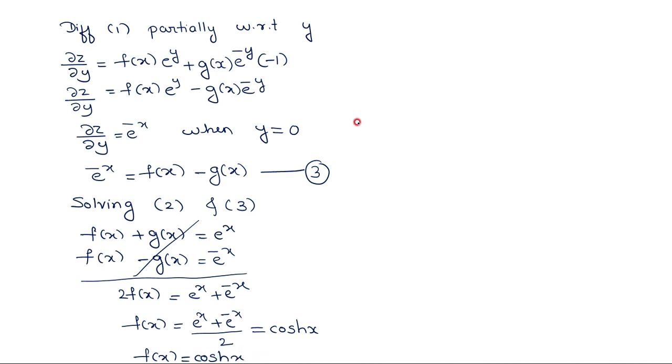Similarly, if I substitute f(x) in equation 2 or 3, or take equation 2 minus 3, then f(x) + g(x) = e^x and f(x) − g(x) = e^(−x).